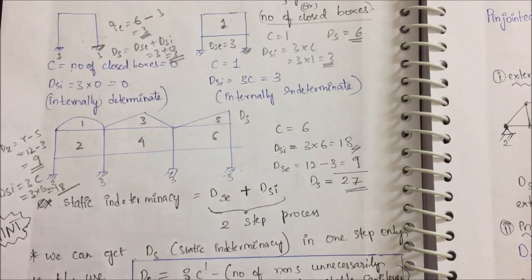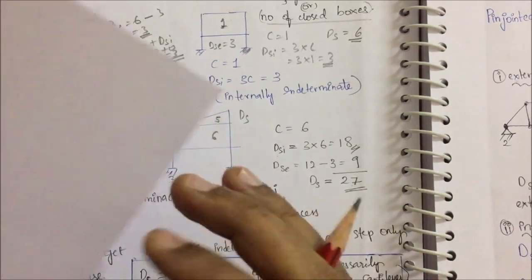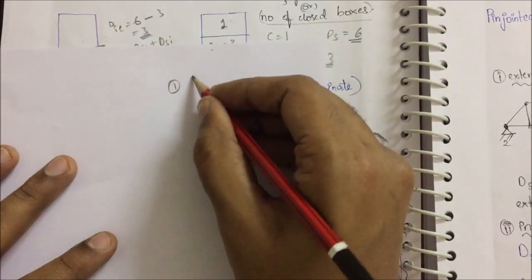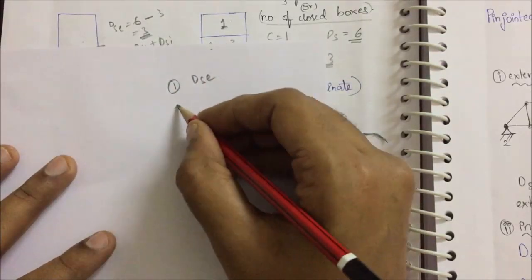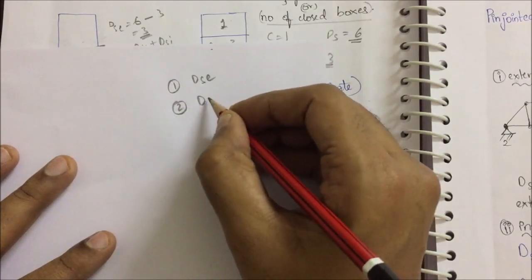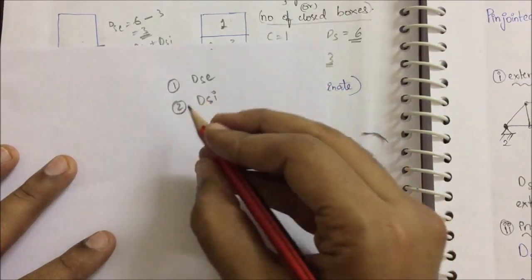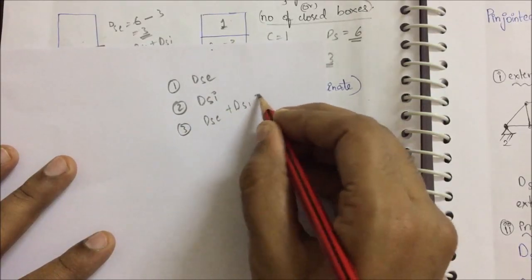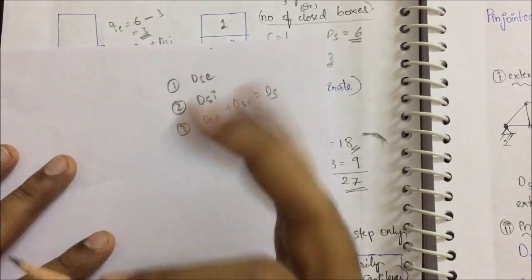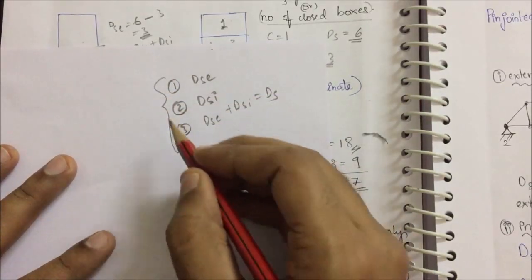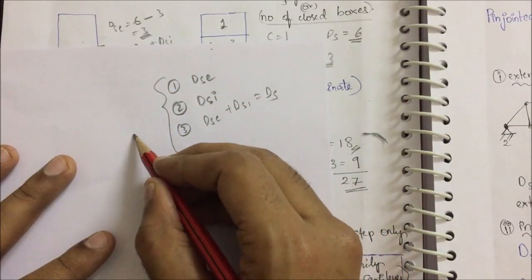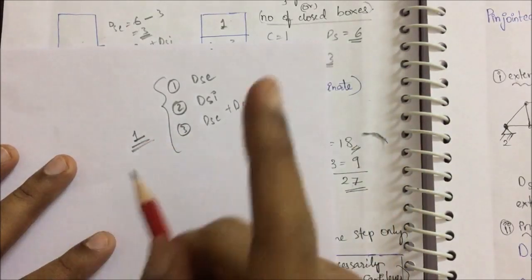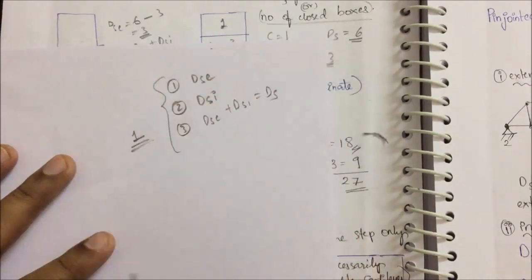To get static indeterminacy, first we found DSE, external indeterminacy, the second step was to find DSI, internal indeterminacy, and the third step was adding these two to get static indeterminacy. It is a simple process, but it is 3 steps and it can take you around 1 minute. I have another shortcut. In this shortcut you can solve this question in 30 seconds.